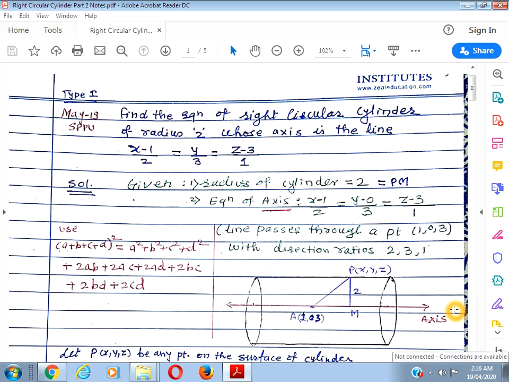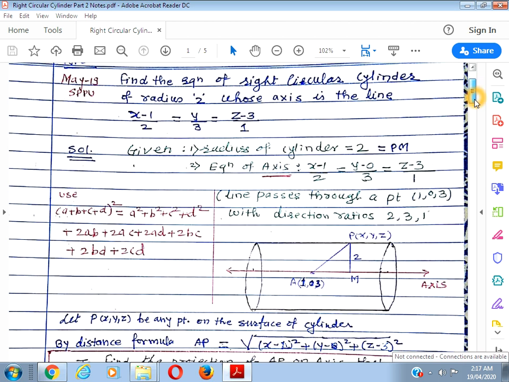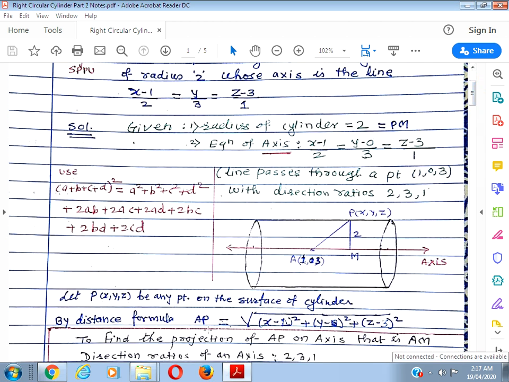When you start solving this problem, always you have to let P be any point on the surface of the cylinder. This P is the point which is present on the surface of the cylinder.